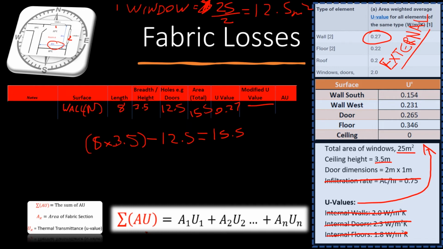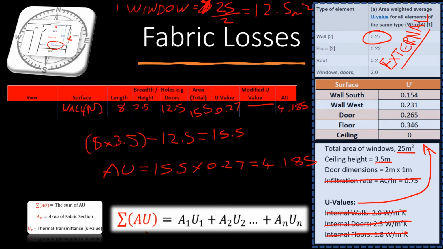So anyway, AU is a nice easy calculation finally, where I just multiply the area, 15.5, by the U value of 0.27, and if I stick that in my calculator it gives me 4.185.